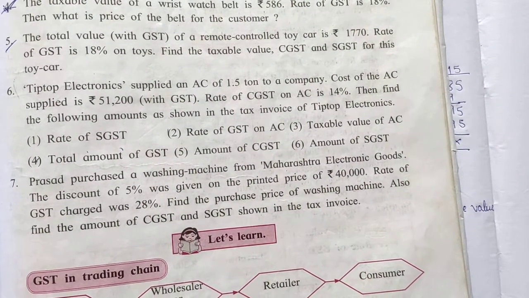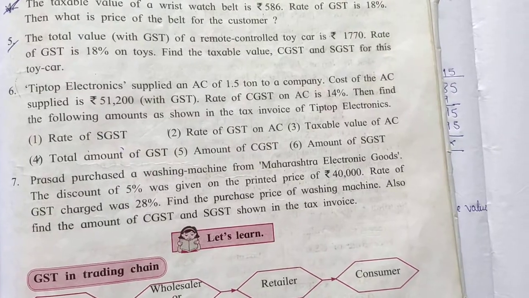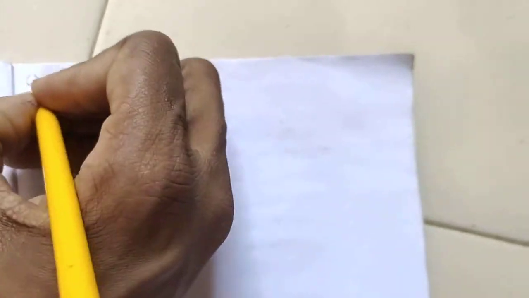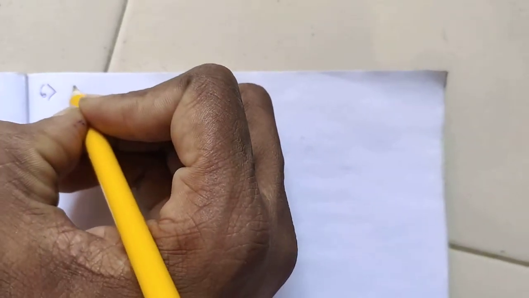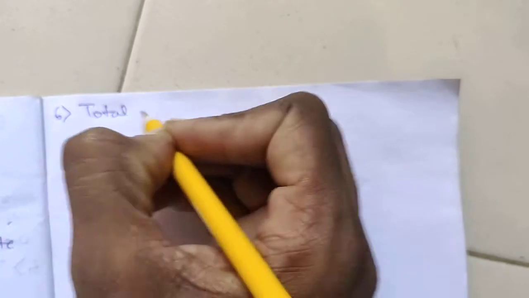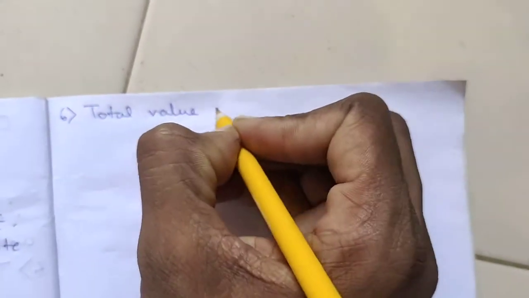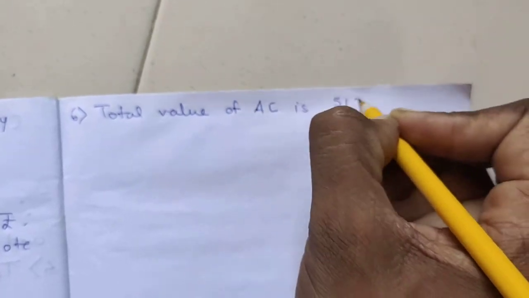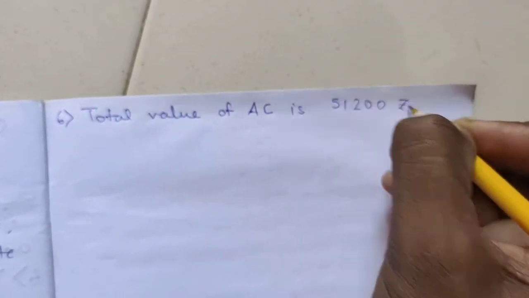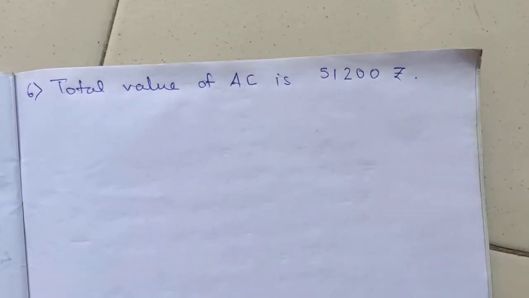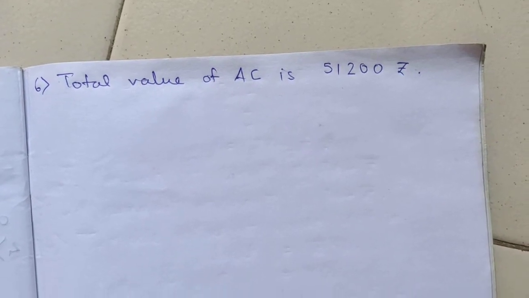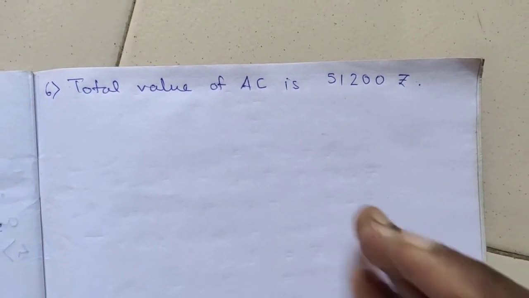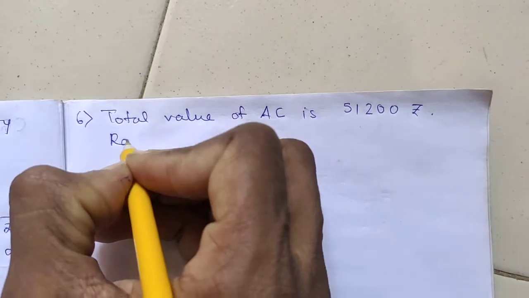Okay, so first we will write whatever is given to us. So what is given to us? Total value, right? So first we will write that total value of AC is how much given to us? 51,200 rupees. This is given to us, right? Total value of AC. Also we are given the rate of CGST.